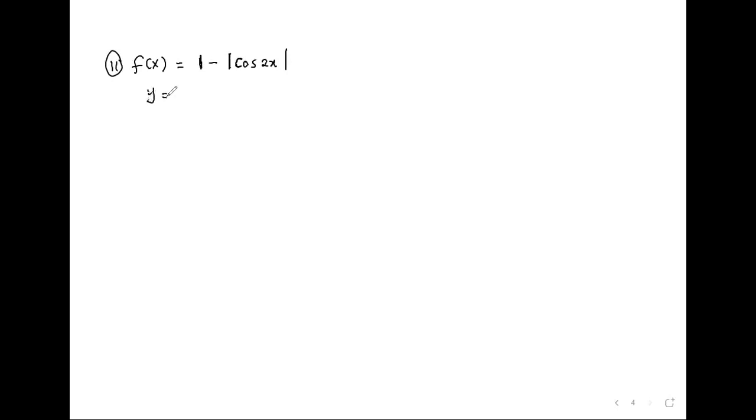Sketch the function 1 minus cos 2x. So check what's the period? The period is 360 over 2, the coefficient of x. We get 180. Then immediately I get the period, I'll be getting the scale. The scale is period over 4. So I'm saying 180 over 4, which is 45.